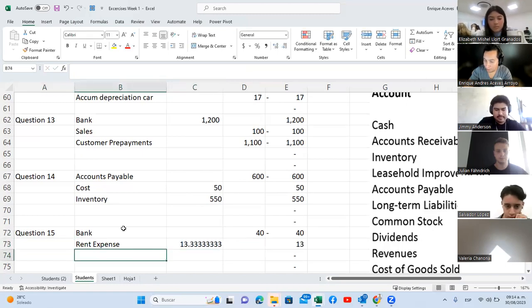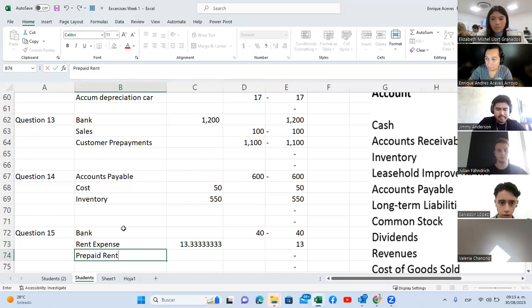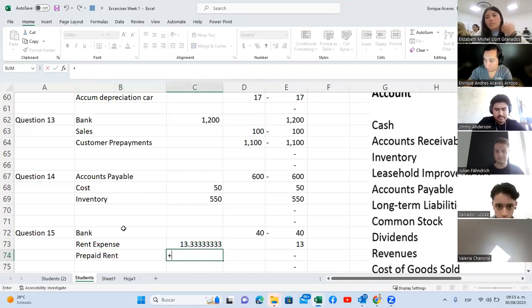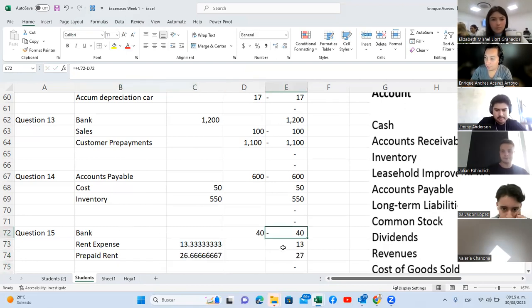And we have what? Prepaid rent. Okay, if you add that up, 0.